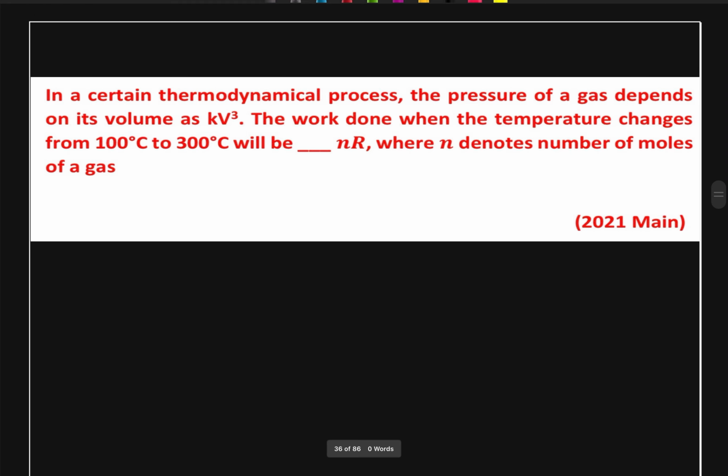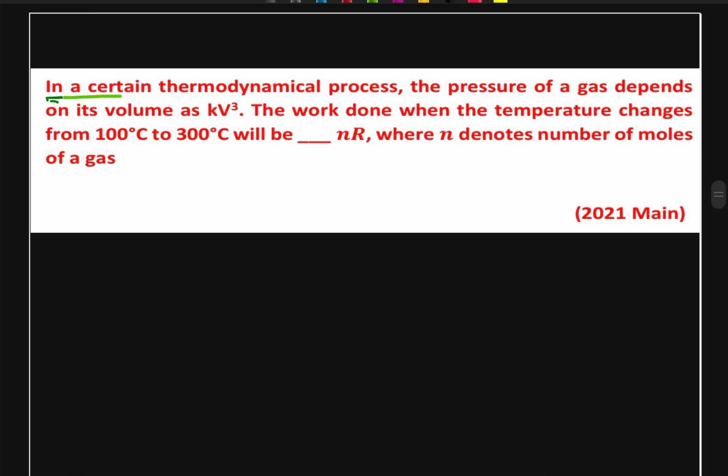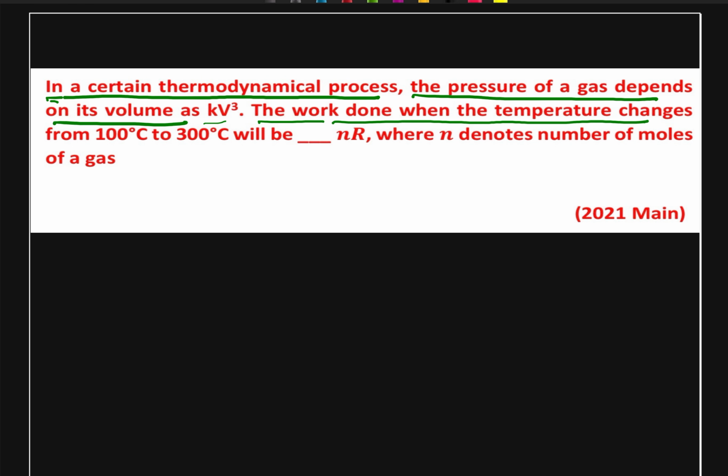It states that in a certain thermodynamical process, the pressure of a gas depends on its volume as kV raised to power 3, V cube. The work done when the temperature changes from 100 degrees centigrade to 300 degrees centigrade will be dash times nR, where n is the number of moles and R is our universal gas constant.